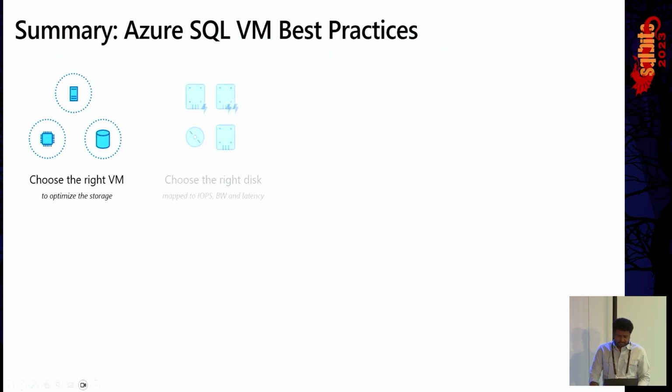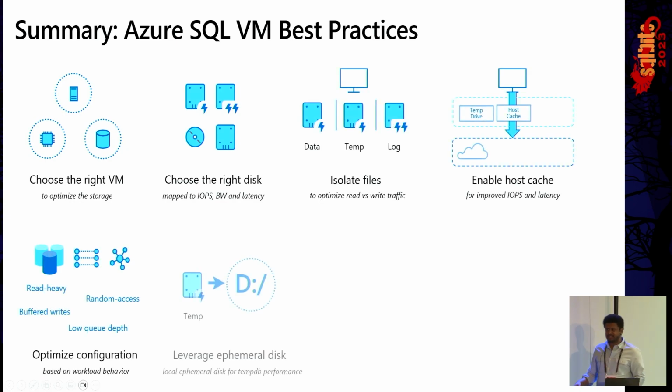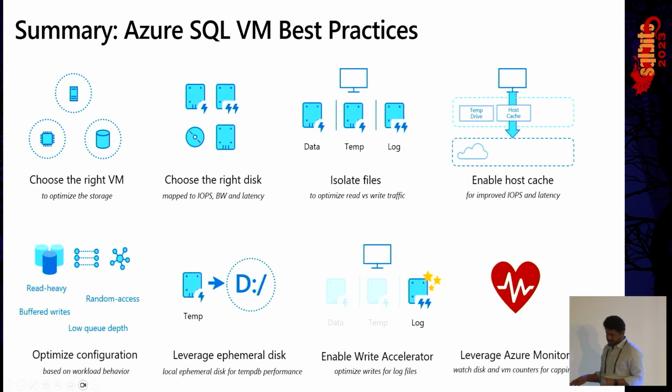So essentially, in other words, it's your SQL Server. It's the same SQL Server that you are running on-prem, the same SQL Server you are running in cloud. You need to have all the best practices that you have on-prem in the cloud too. You need to have instant file initialization. You need to have lock pages in memory.